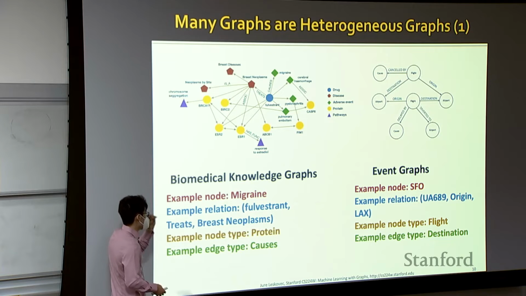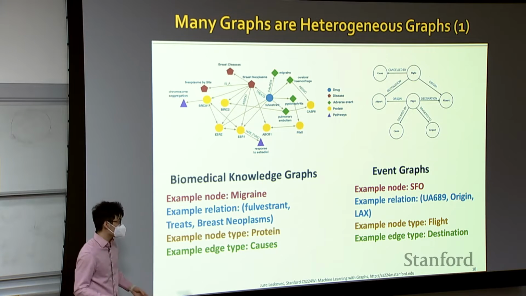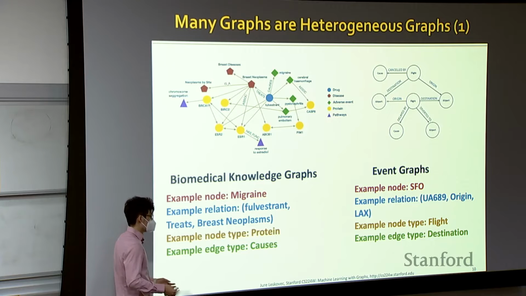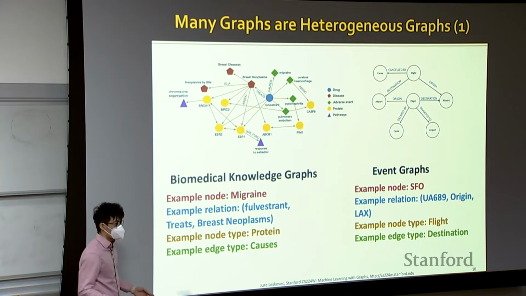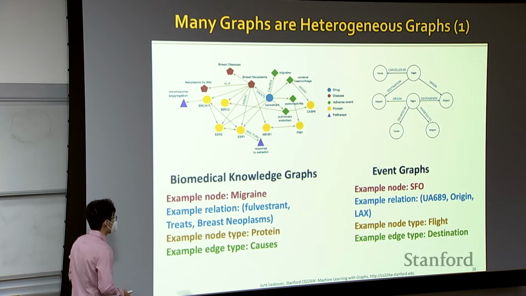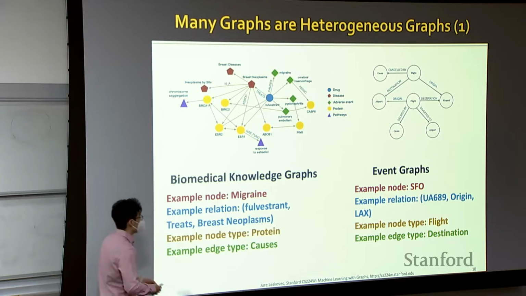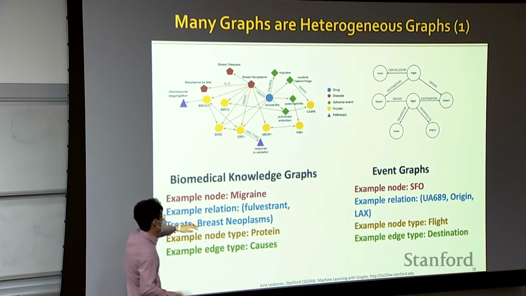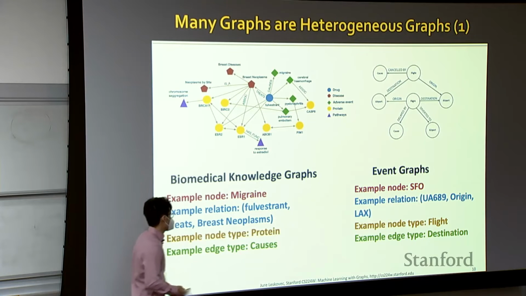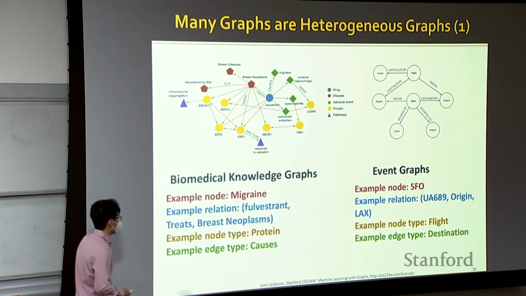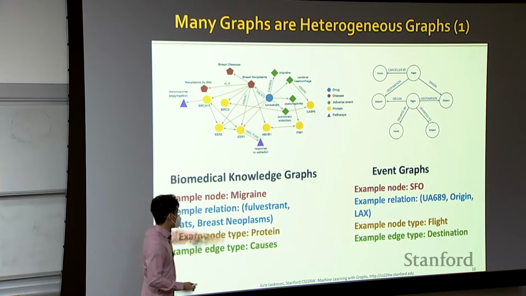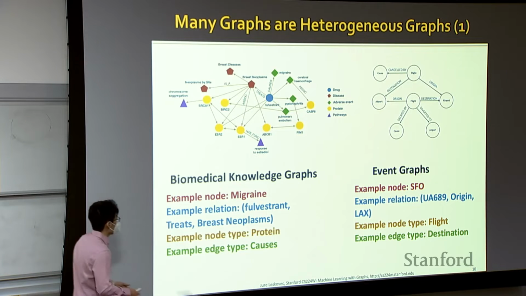The first is the so-called biomedical knowledge graph, which constantly arises in biomedical applications. In this case, you may see different nodes with different colors, which means the nodes belong to different types. For example, we can have an example node, migraine.